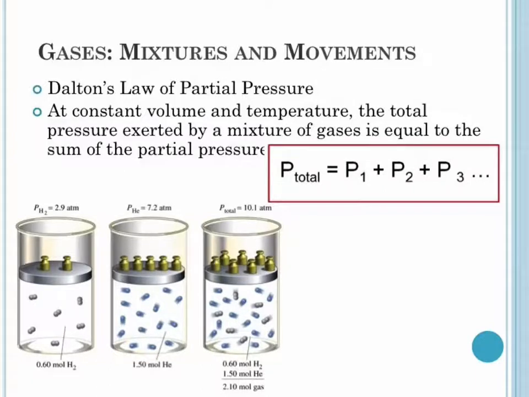So if I take 0.6 moles of hydrogen at a pressure of 2.9, and I add it to helium at a pressure of 7.2, the total pressure in the container is going to be 10.1. So the equation is P total equals the pressure of gas 1 plus the pressure of gas 2 plus the pressure of gas 3, all the way up to however many gases are in there. It can be just 2 gases; it doesn't have to be 3. That just keeps going till however many there are.